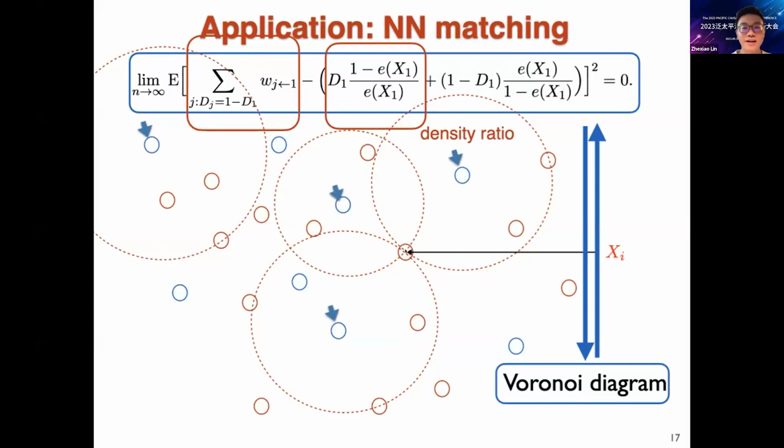But if there are a large number of red units, then these red units will be competing with each other to be the nearest neighbor, so this term will be very small. So this summation can be regarded as a density ratio estimator, which is the density ratio of the conditional distribution for treatment and the conditional distribution for control. And the proof is related to the Voronoi diagram.